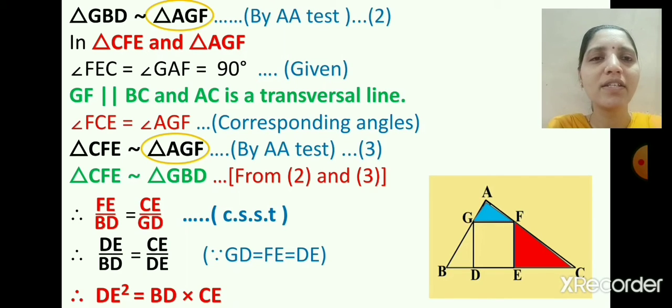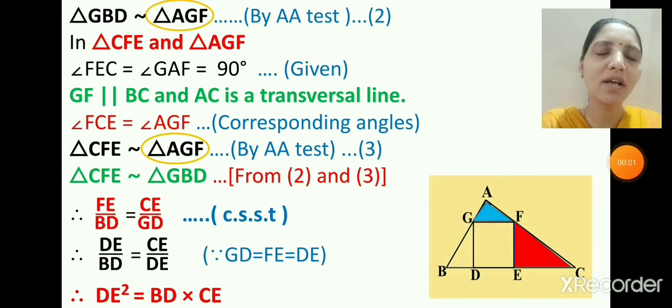Write the reason as GD is equal to FE is equal to DE. In equation 1 only we have shown that. Therefore, if you cross multiply this, you will get DE square is equal to BD into CE. Hence, we have proved. So, I hope you all have understood this. This was a very simple sum.